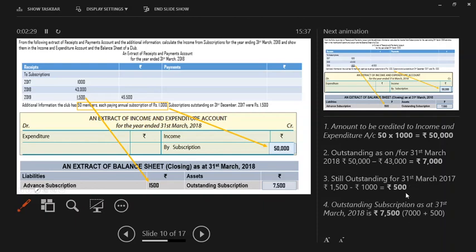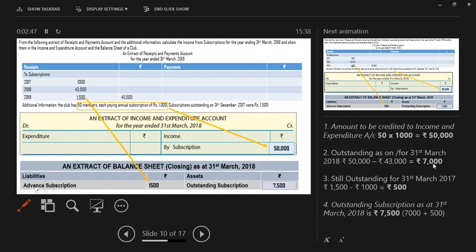So total subscription as at 31st March is 7,000 plus 500, which is 7,500. And this is outstanding only for 31st March.